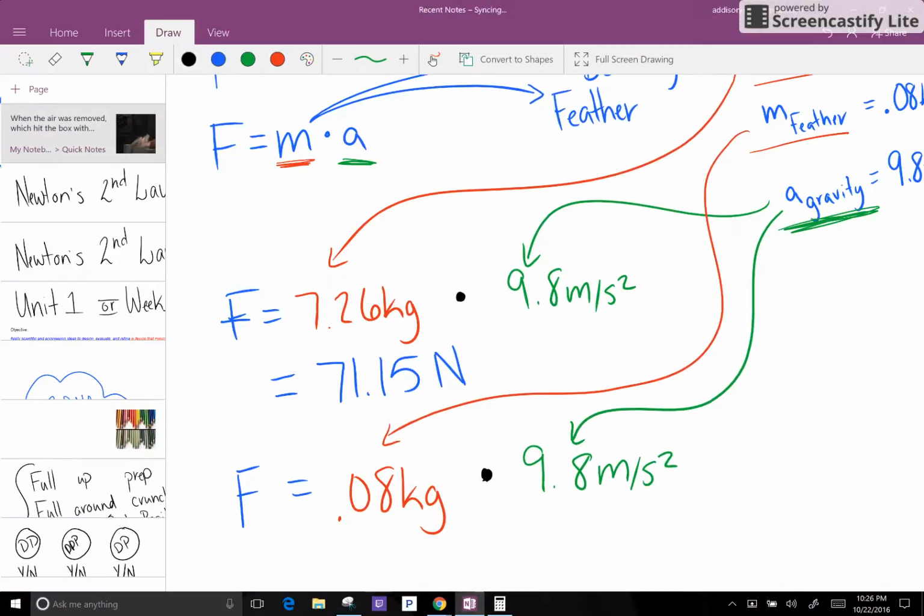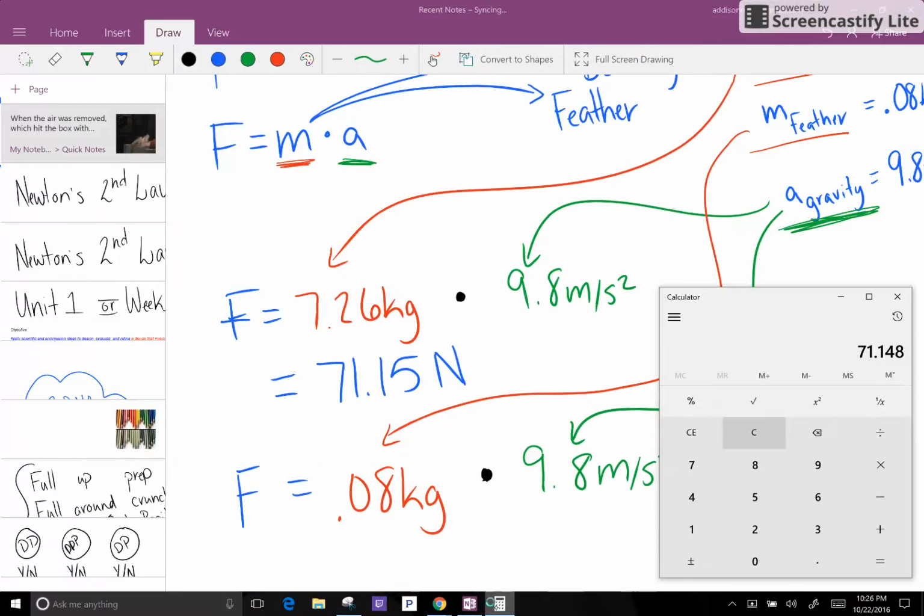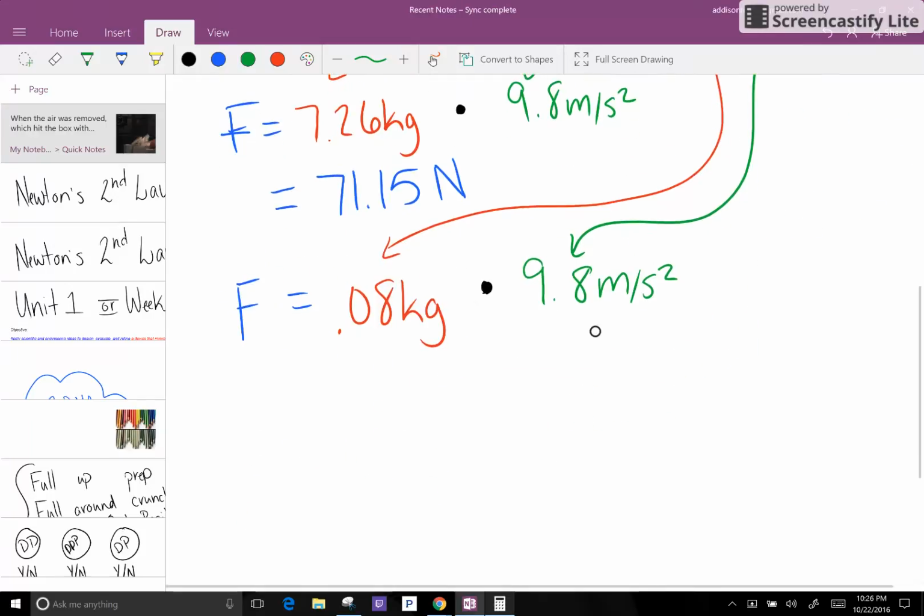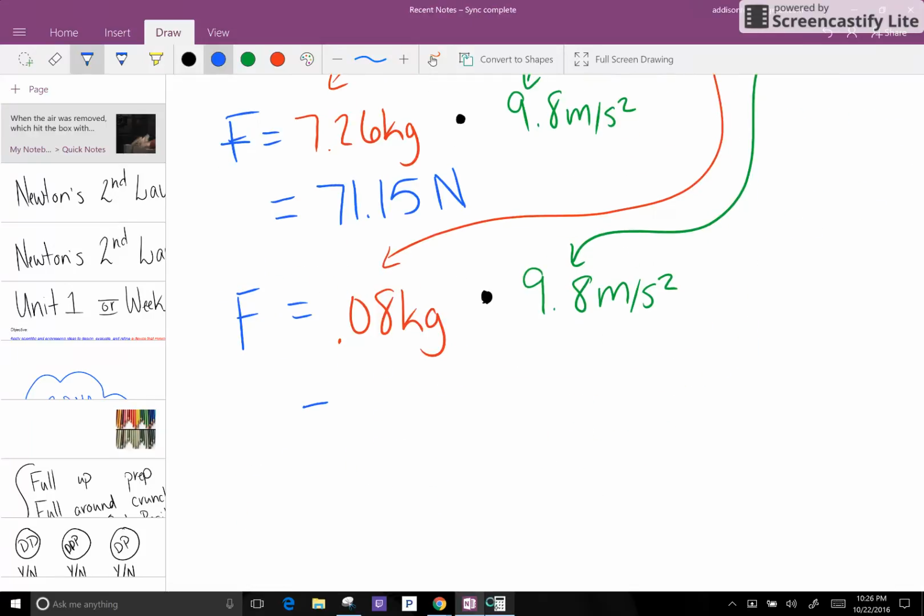When I multiply these together, we should get the force of the feather. 0.08 times 9.8 equals 0.784. So I'm going to roll with 0.78 newtons. I rounded it, so it rounded down.